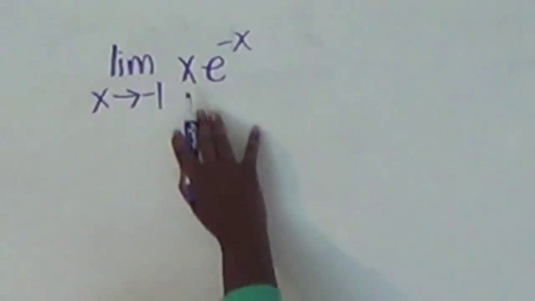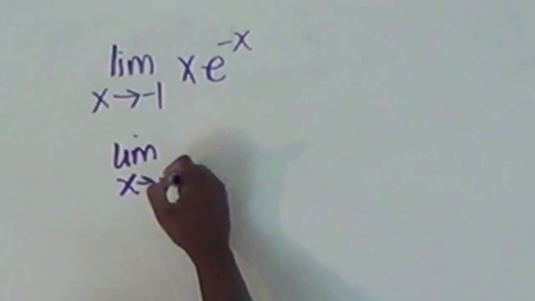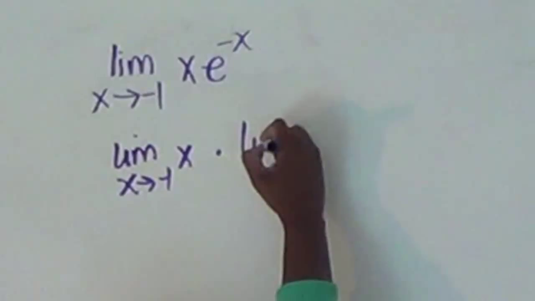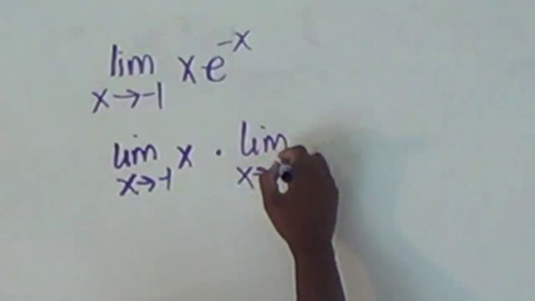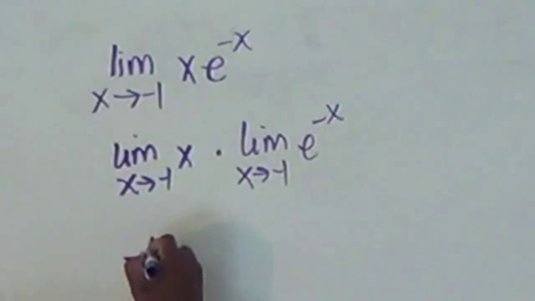In the next example, we're looking at the limit as x goes to negative 1 of x e to the negative x. And so here again, we're going to use a couple of those properties. Just like in the last example, we've got a product of two, so I can think of separating these. Okay. And again, the first, I can go ahead and evaluate.